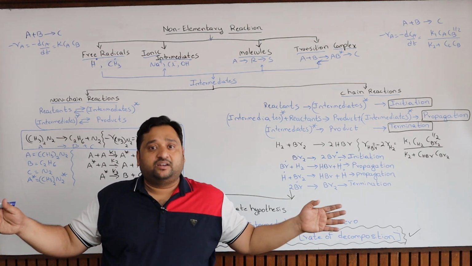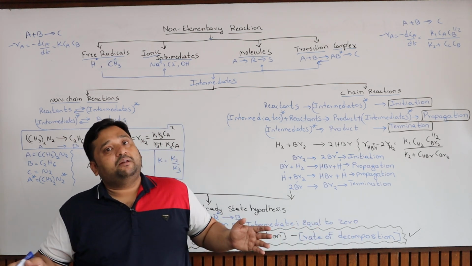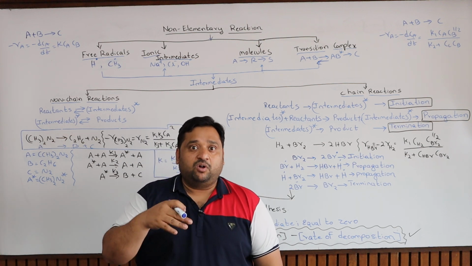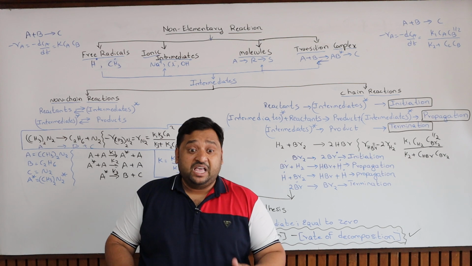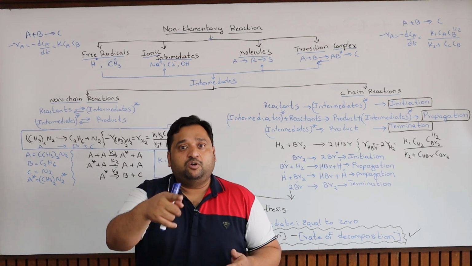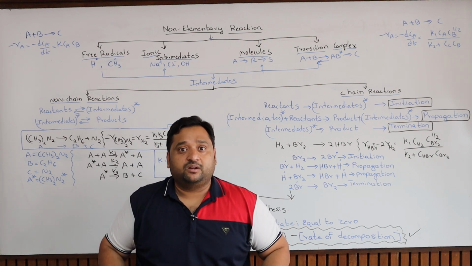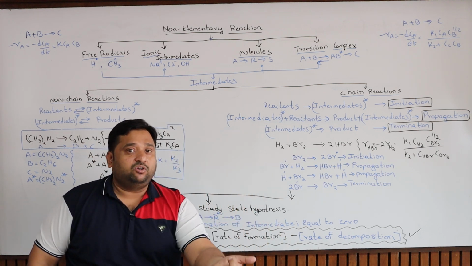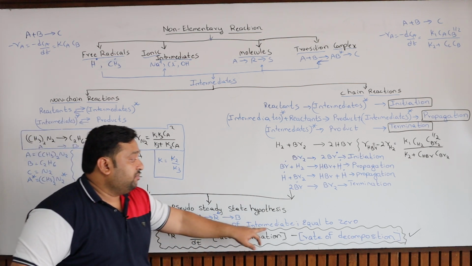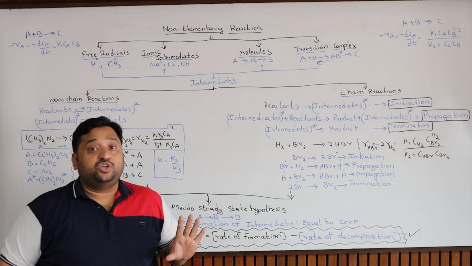That means if I conduct the reaction for 10 minutes, in this 10 minutes you won't see the intermediate, because intermediates react so fast that you can't find the molecules of intermediate. That is why, since you can't find the molecules of intermediate, the net rate of formation of intermediate is equal to 0.